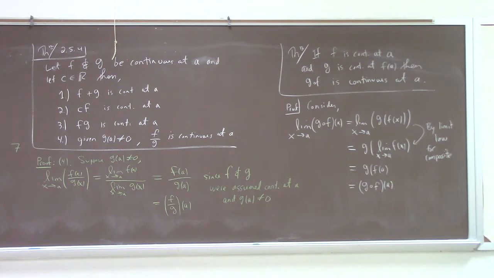But what else can we do? We have the property that we can pull constants out of the limit, right? So I can take the 3 and the 2 and pull them out, and so I get 3 times the limit as x goes to a of sine of x plus 2 times the limit as x goes to a of cosine of x, right?